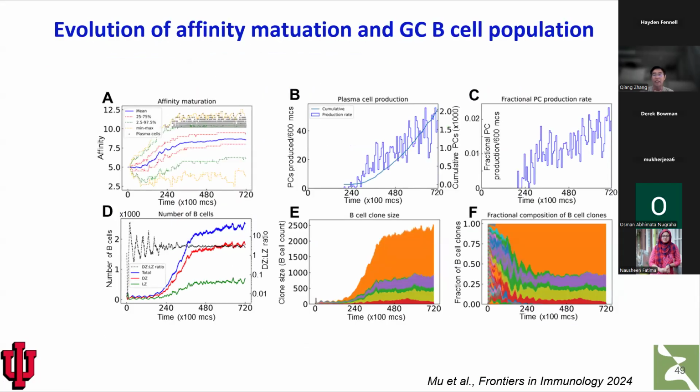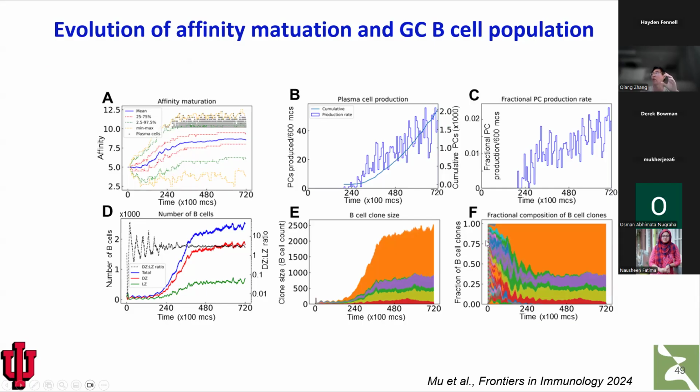All right, so this slide gives you the idea of, as I showed you some of the earlier ones, the affinity maturation growing and the cell number growing. Also the BC panel gives you the number of plasma cells generated after a certain period of time. More plasma cells are being generated over here. And then this EF, what we call the Muller plot, gives you an idea that if you start with, let's say, 100 or 200 B cell clones, only a few eventually survive.